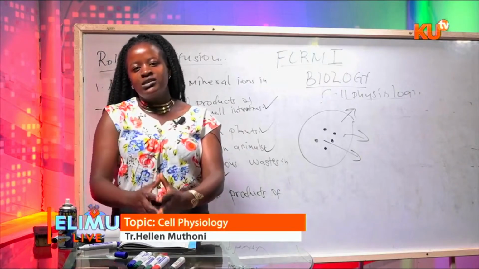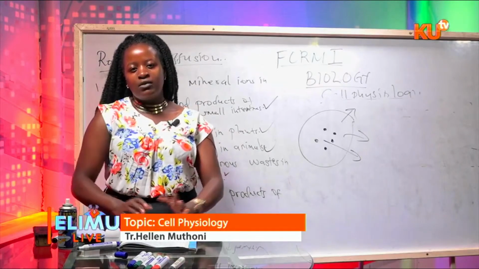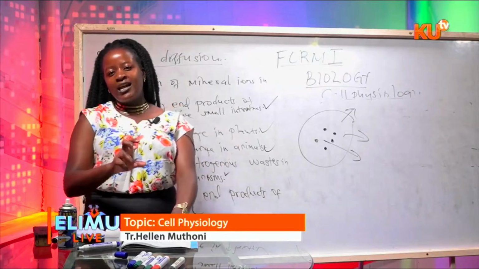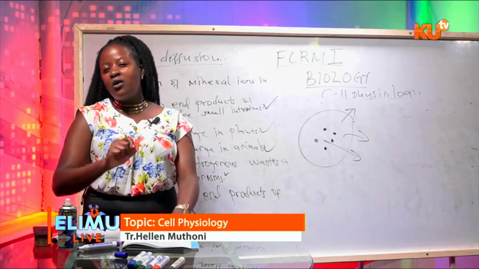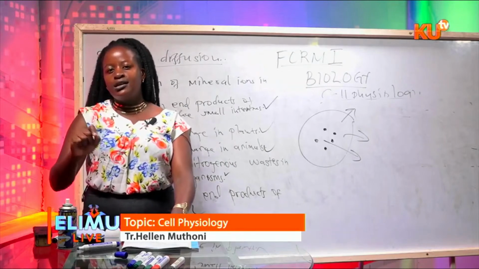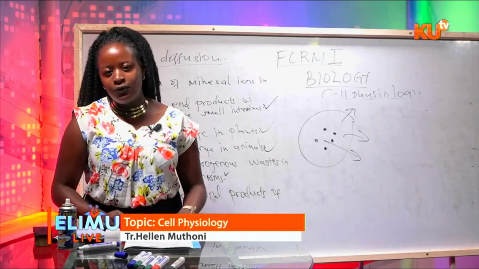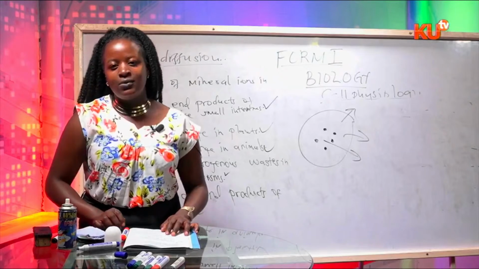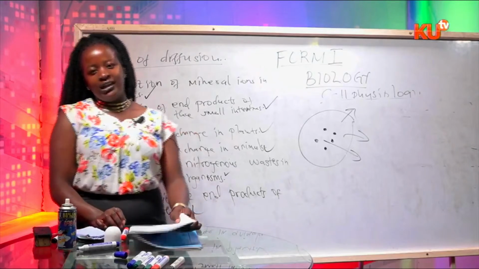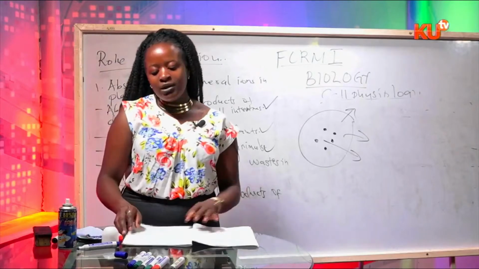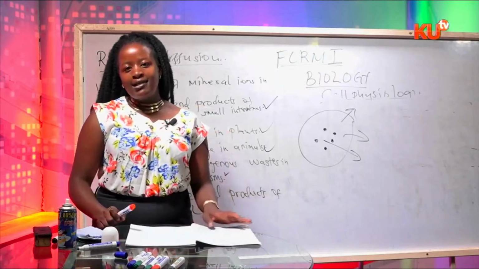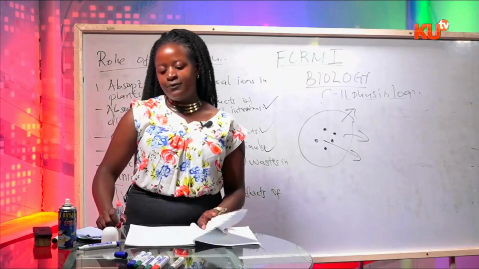It has to be transported to other parts of the plant. So what aids this translocation is the process of diffusion. So that is it with the role of diffusion in living organisms. And with that, you can be able to answer any question in diffusion.